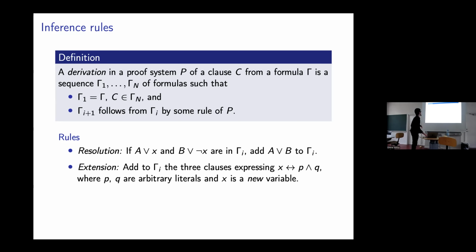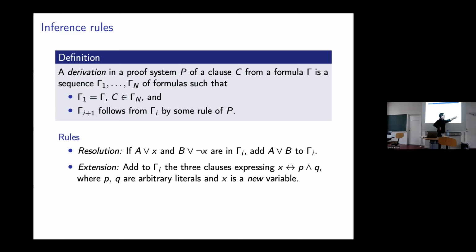You have other rules. So I mentioned extended resolution, for instance. In extended resolution, because we are working with CNFs, it needs to be a little bit more contrived, but roughly what you do is you're able to make definitions of this kind. So you require, when making this definition, that X be a new variable in the sense that it doesn't yet occur in your formula.